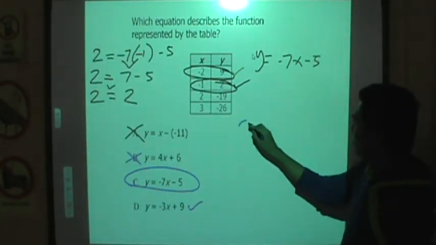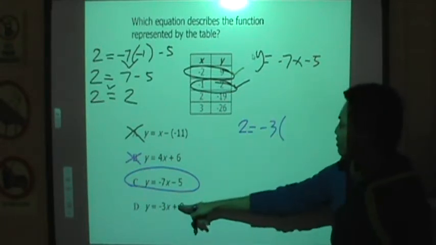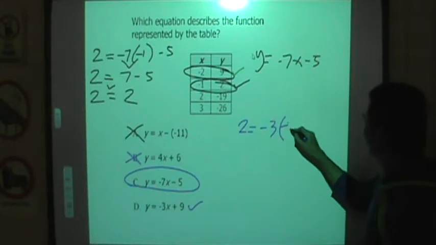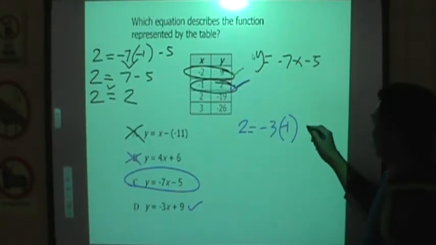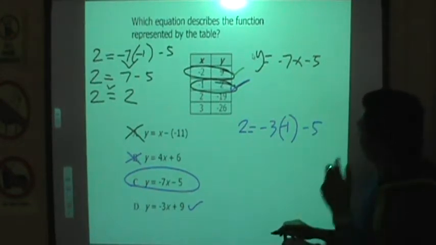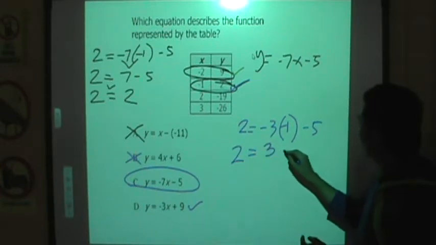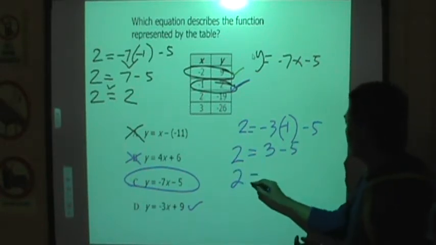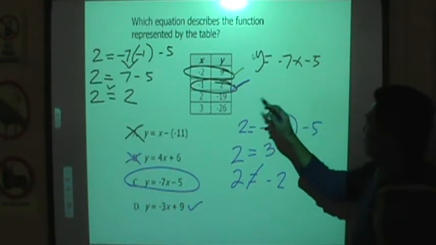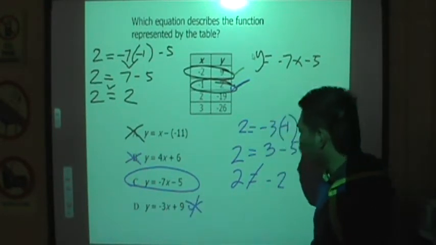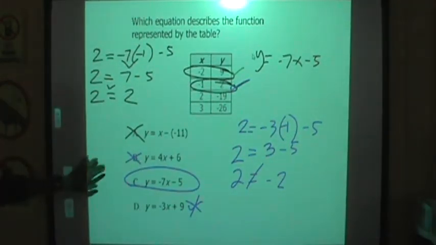So y is 2 equals -3 times the x, which is -1, because I'm using that one, minus 5. Let's try this. 2 equals negative times negative is positive 3 minus 5. 2 is equal to -2? No, 2 is not equal to -2. That's why this is not the equation for that table.